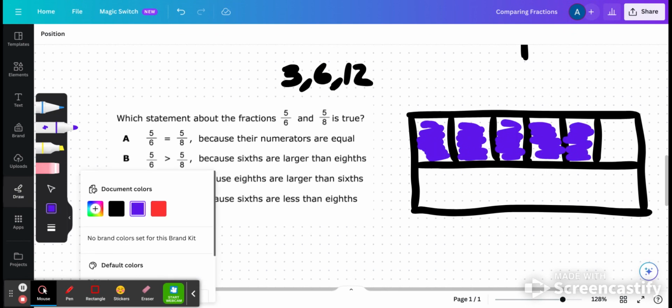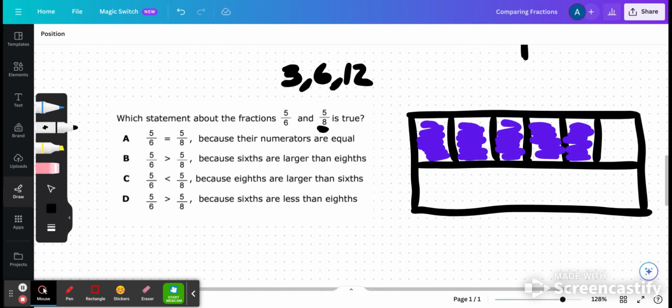All right, so now for the bottom fraction, 5/8. So we're looking at the denominator. We need 8 equal parts. So 8 is going to be in the fraction family of 2, 4, 8. So first thing we need to do is make halves. So we're going to cut our fraction in half. Then we're going to take those halves and cut them in half, and that's going to give us fourths.